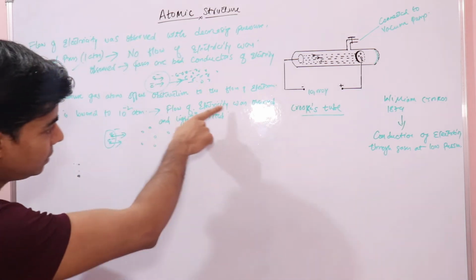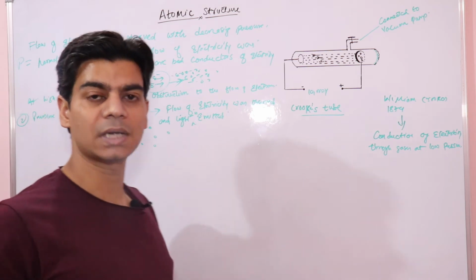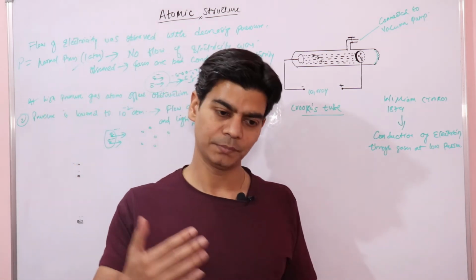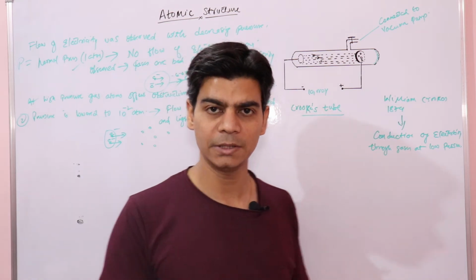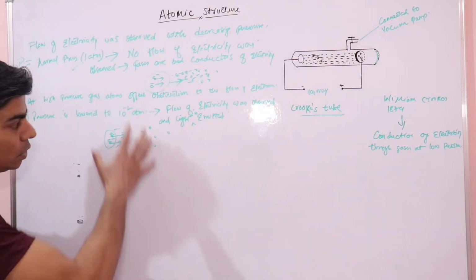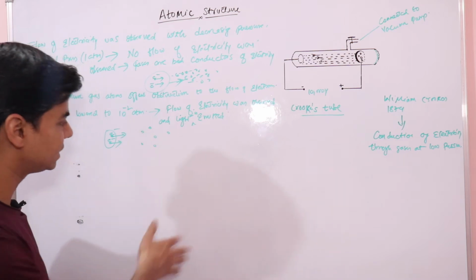So this was the reason that electricity started flowing, because now electrons have started moving without collision with the gaseous atoms.